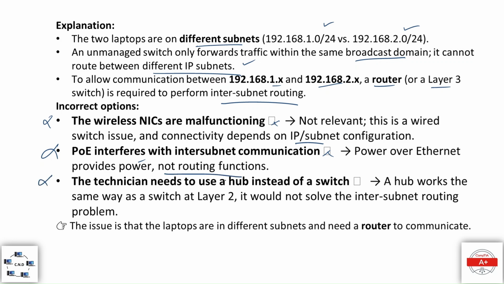And the technician needs to use a hub instead of a switch. So a hub works the same way as a switch at layer 2. It would not solve the inter-subnet routing problem. So the issue is that the laptops are in different subnets and need a router to communicate.